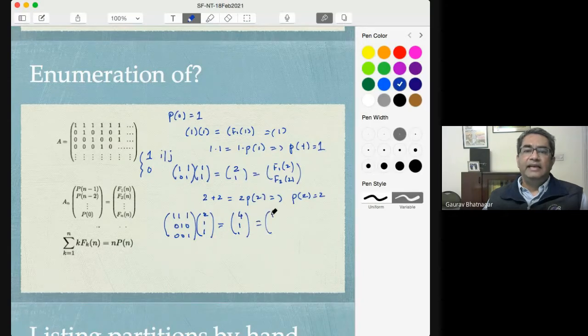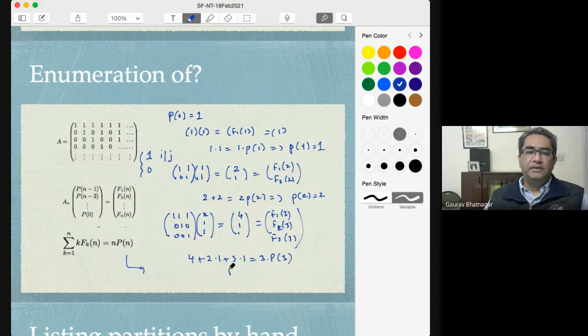And this is again f_{1,3}, f_{2,3}, and f_{3,3}. And now I use this to find that 1 times 4 plus 2 times 1 plus 3 times 1 should be equal to 3 times p3. So that gives me p3 equal to 3.